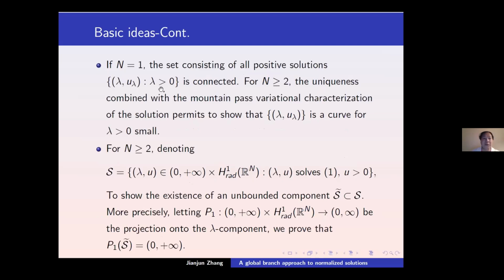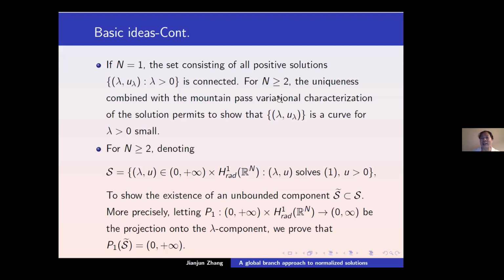So for the one-dimensional case, we know the problem always has a normalized solution for every lambda. Also, we know the set of possible solutions is connected. So the one-dimensional case is simpler. But for n bigger than 2, the problem is a little bit more complicated. To get the normalized solution in the higher dimensional case, we need to know the situation near the origin.